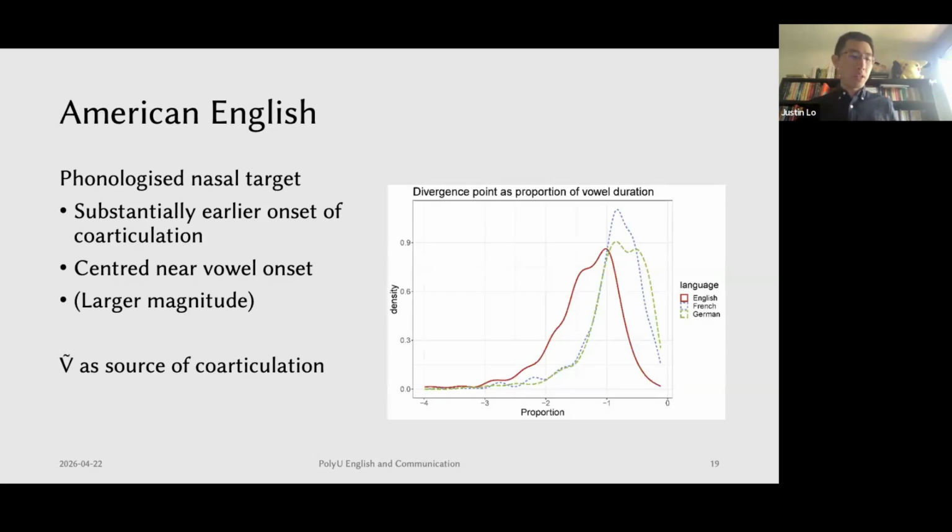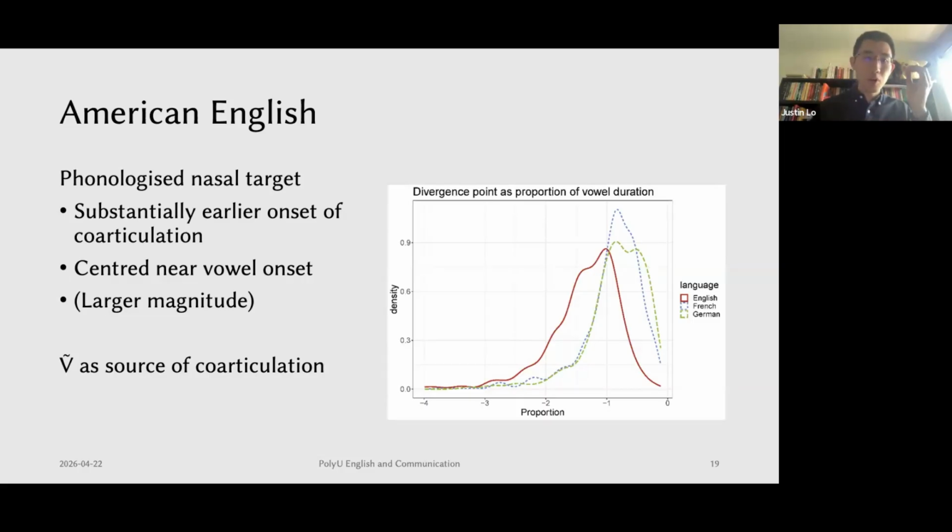What we're thinking about American English is that it potentially corroborates the earlier theories about a phonologized nasal target, so that the vowel itself acts as the source of articulation.